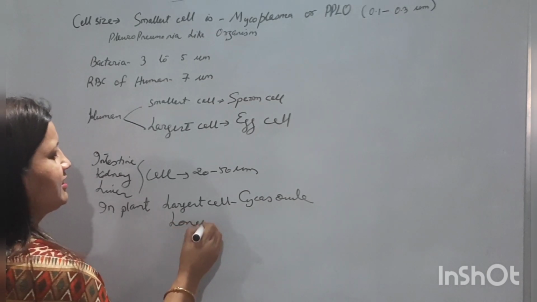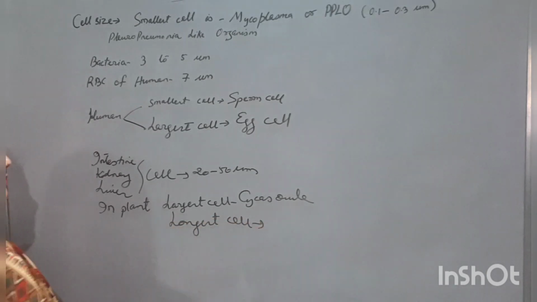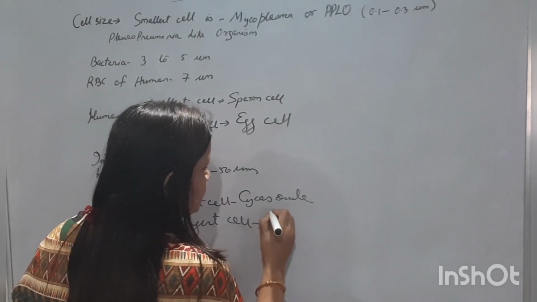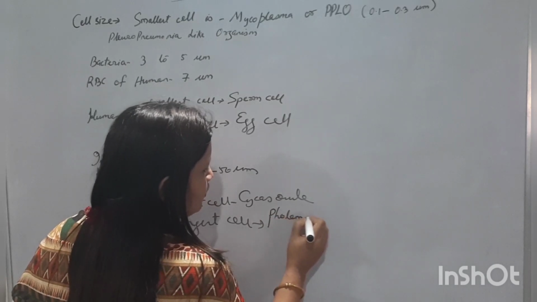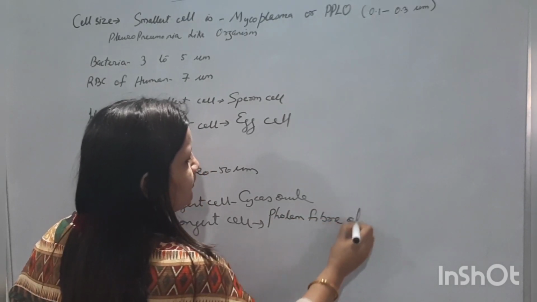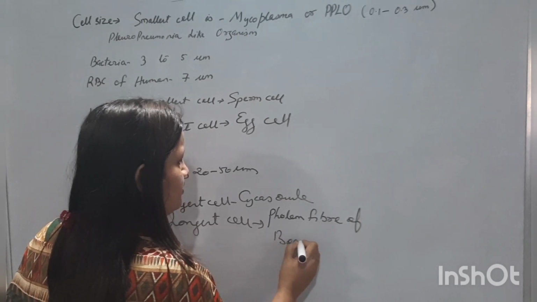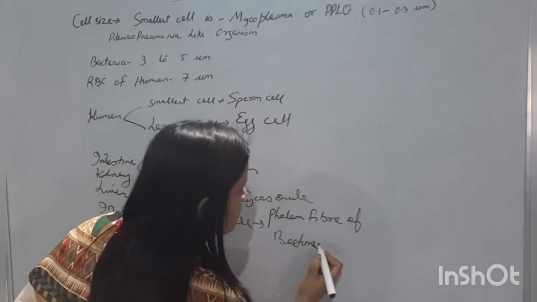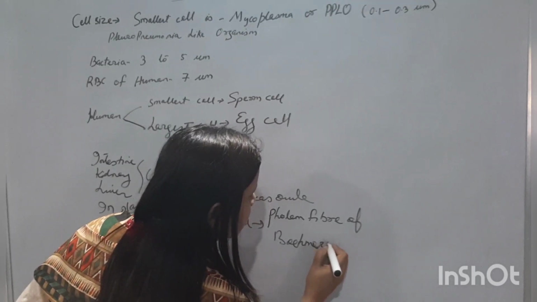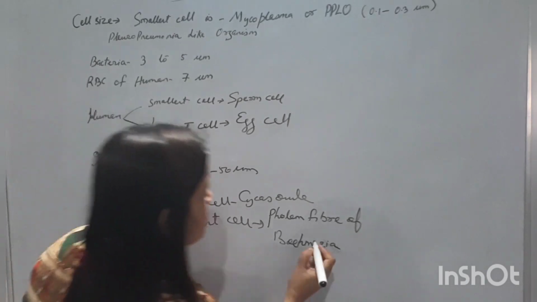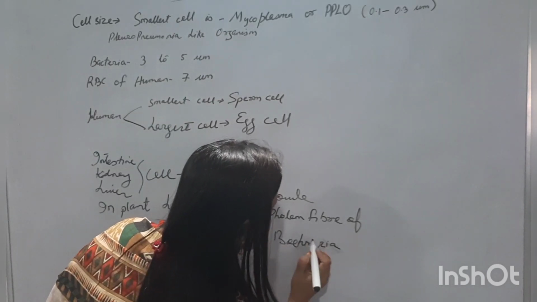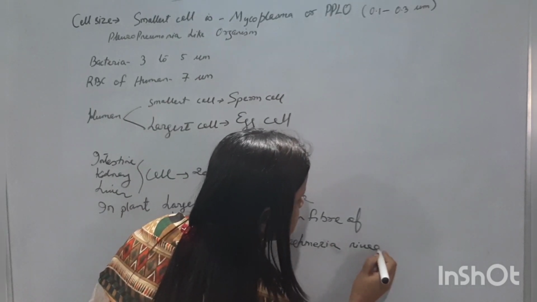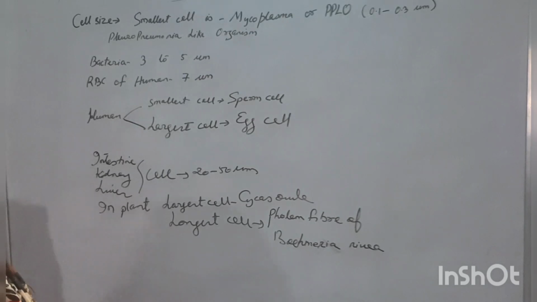Longest cell is phloem fiber of boehmeria nivea. It is also called ramie plant.